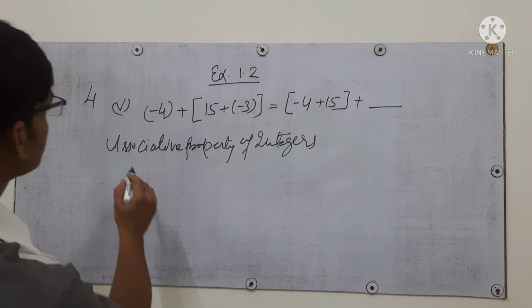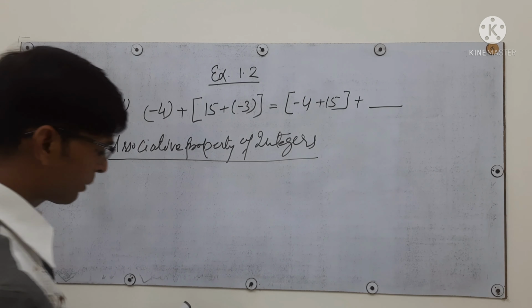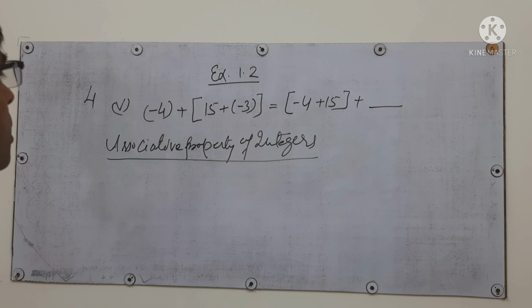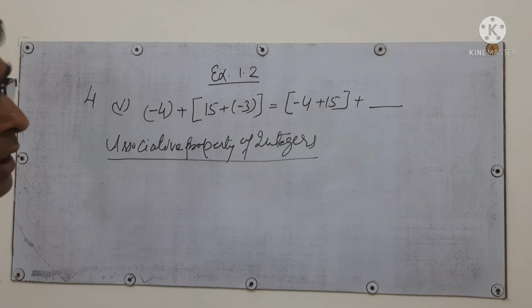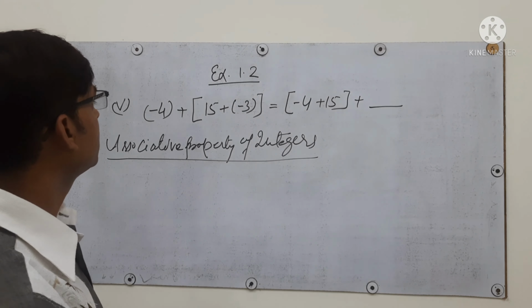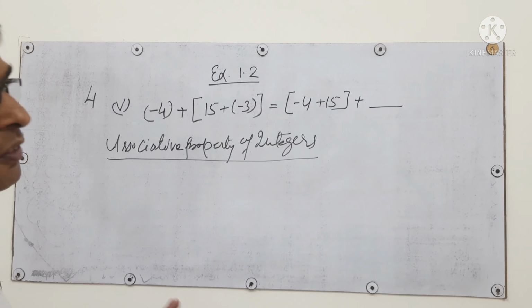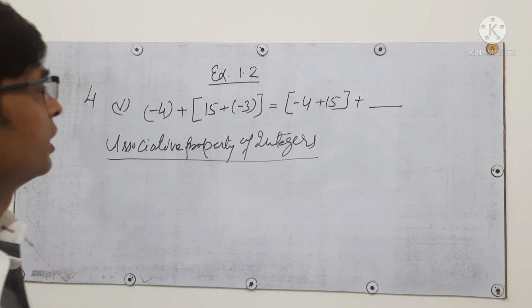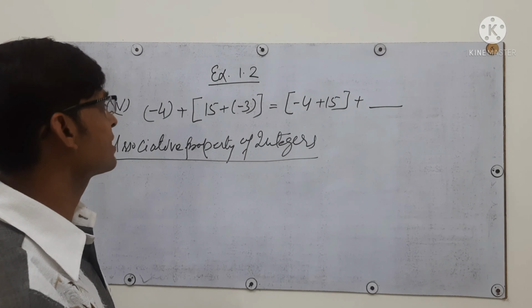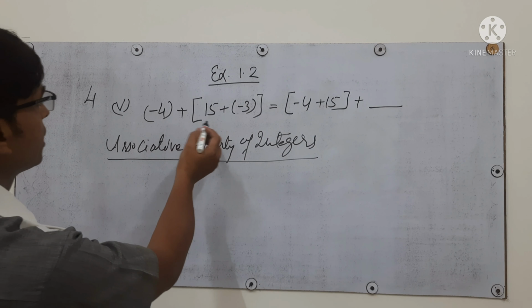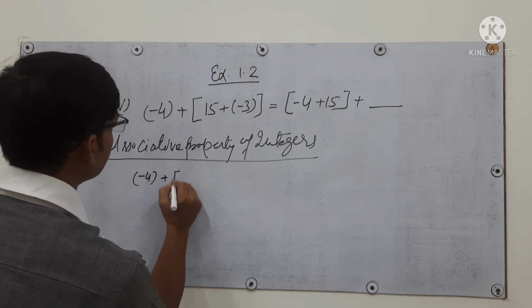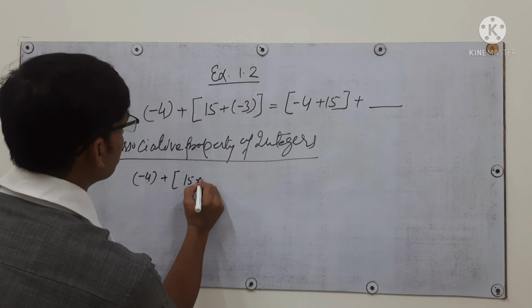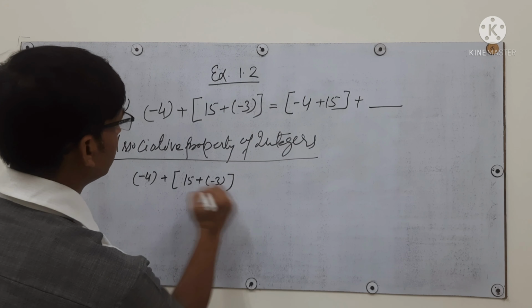In the associative property, whenever we take any three numbers and add all these three numbers, we get the same answer. That is, if we change the grouping also, then we get the same answer. So here is the condition given: minus 4 plus 15 plus minus 3.